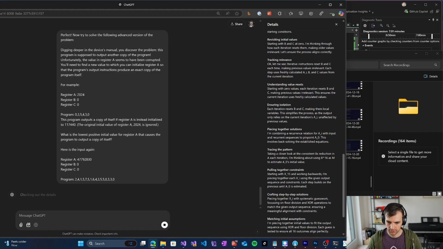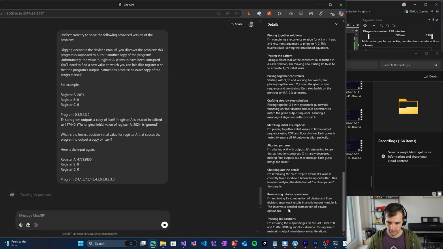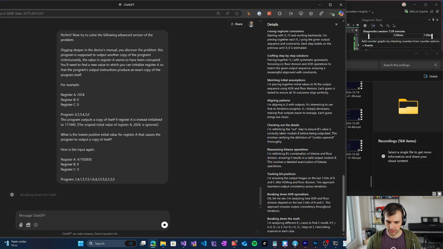Okay, each step builds on the previous until A0 is estimated. So the important thing that it needs to notice is that every time A is divided by 8, we cut off one digit of the output every time.